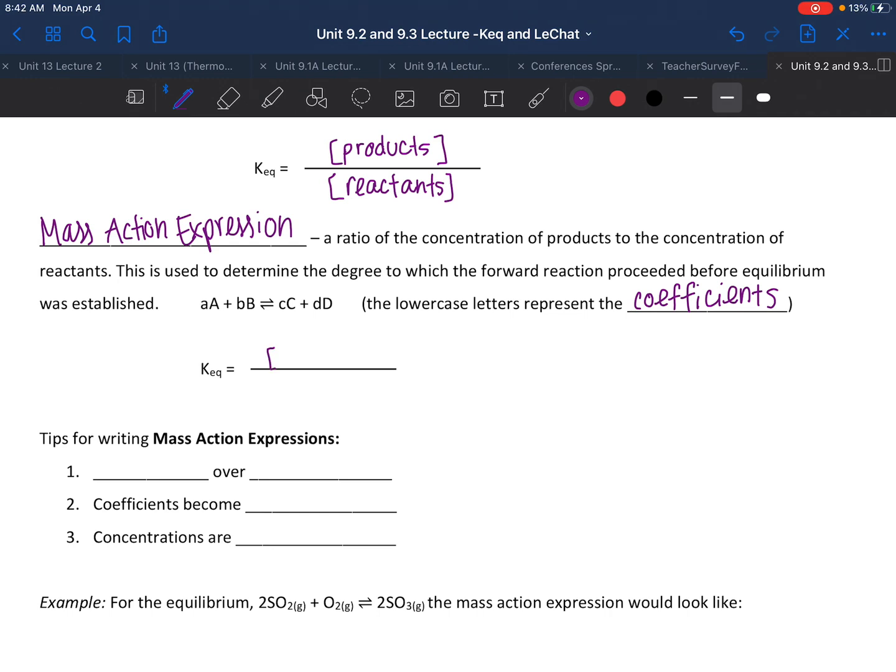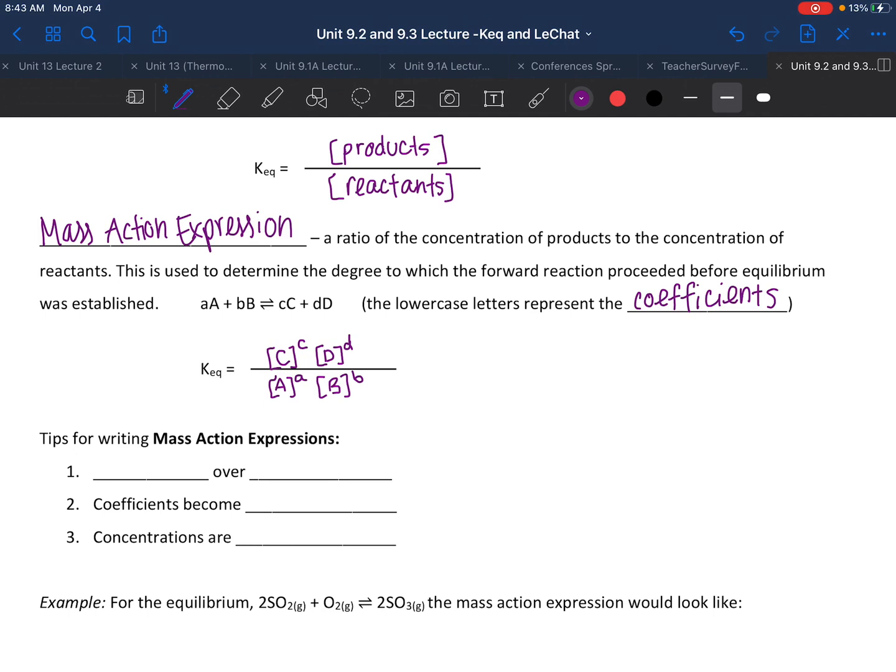We're saying the concentration of whatever capital C represents to the power of little c, multiplied by your other product, capital D, to the coefficient of the lowercase d, all over the concentration of A to the power of little a, and then the concentration of B to the power of little b. So this is how you would write a mass action expression.